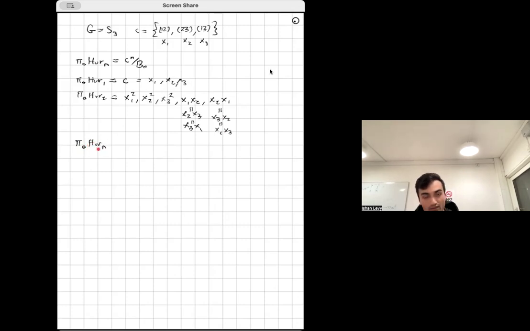If you look at the nth Hurwitz space for n at least 3, here's what it looks like. You have x1 to the n, x2 to the n, x3 to the n, and then you have three other elements which are determined by their boundary monodromy. In other words, they're determined by the fact that they're not equal to one of these, and they're given by some sequence like xi naught all the way up to xin, and you can take the product of this word.